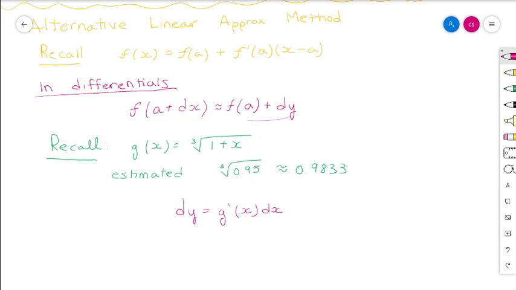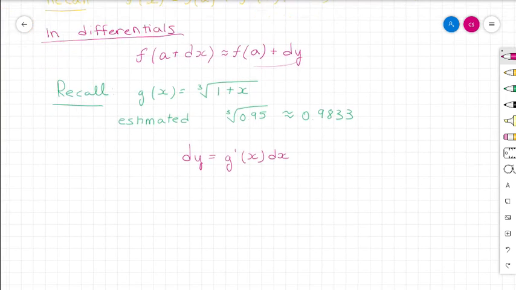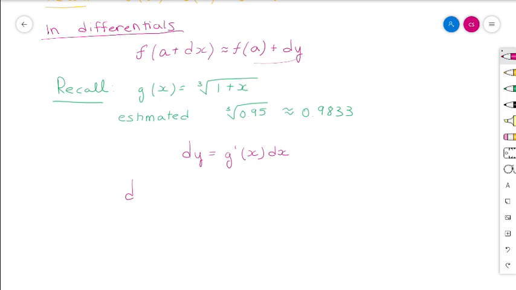Okay, so let's keep going. dy. g prime of x, remember we can think of g as 1 plus x to the 1/3 power. So let's take the derivative of that. Okay, and of course I like to clean it up. It just looks nicer.